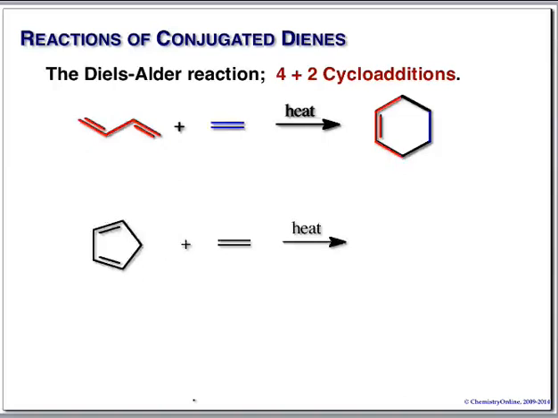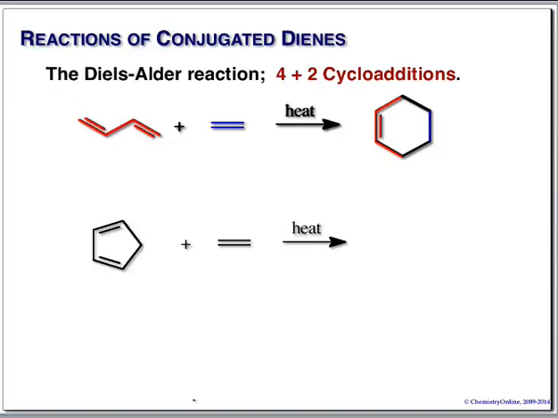How about this? What if we take cyclopentadiene and ethene? Well, what's going to happen is the same reaction. We're going to react from this carbon and this one with our dienophile.